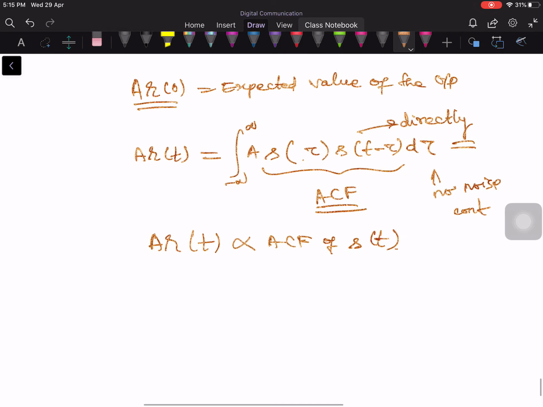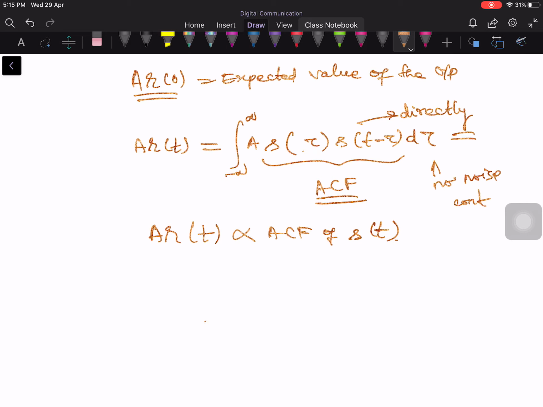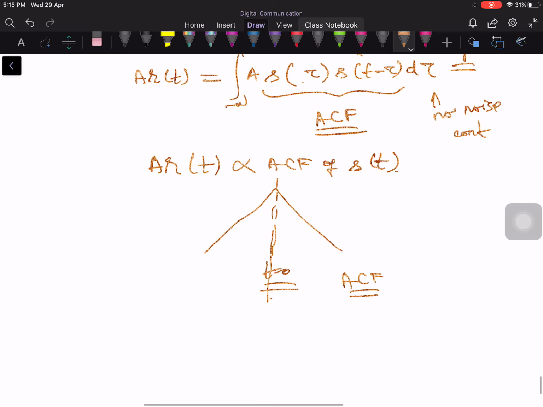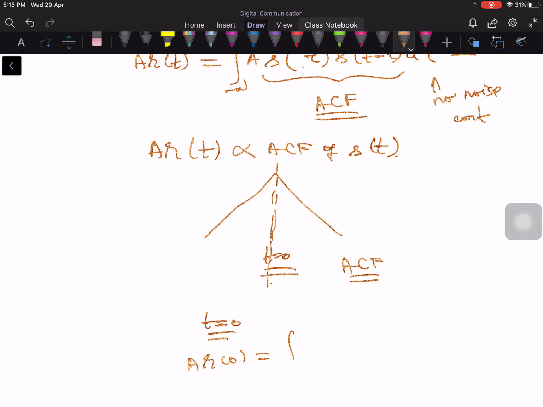Okay, and in the autocorrelation function we know that the maximum will be reached at the point where t equal to 0, because the autocorrelation function is always symmetrical. If you recall the properties of the autocorrelation function, it reaches the maximum value when t equal to 0, and we do the sampling at this time instant. Therefore when you put t equal to 0, then A times R of 0 is going to be A times the integral of s of tau times s of minus tau d tau.